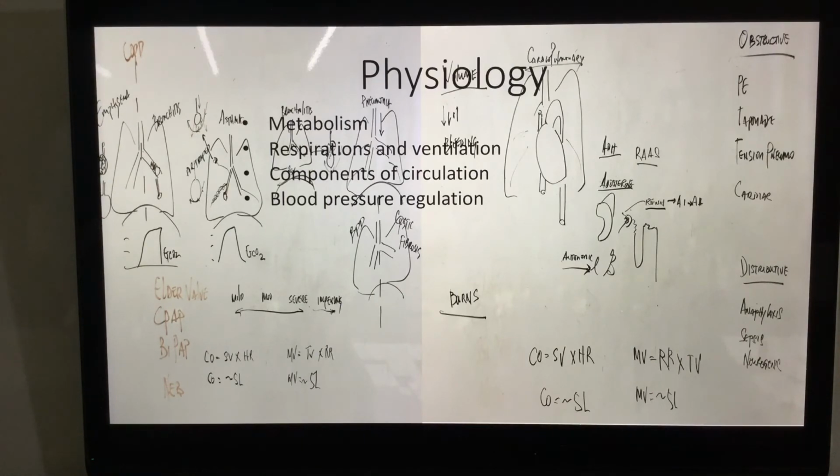Now, as we learn to take a blood pressure, we'll be using a blood pressure cuff, sphygmomanometer, and our stethoscope. Normal blood pressures run anywhere around 120 systolic over 80 diastolic.